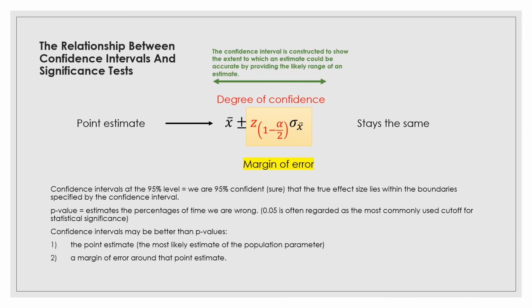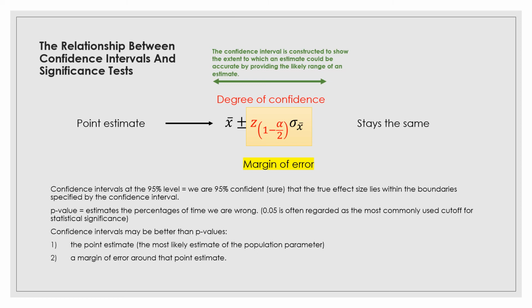The confidence interval is constructed to show the extent to which an estimate could be accurate by providing the likely range of an estimate. We can think of the estimate as the effect size, and examples of an estimate or the effect size can be the mean, the median, the percentage, the proportion, the correlation coefficient, the regression coefficient, and so on and so forth.